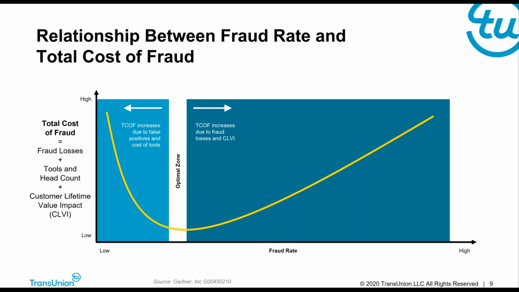So it's really important to consider those different factors that go into calculating your total cost of fraud, so you can get to that white slice in the middle, the optimal zone. That's where you're minimizing your fraud losses while also making the right investments in tools and headcount, and getting the right balance of friction versus security for the customer journey.